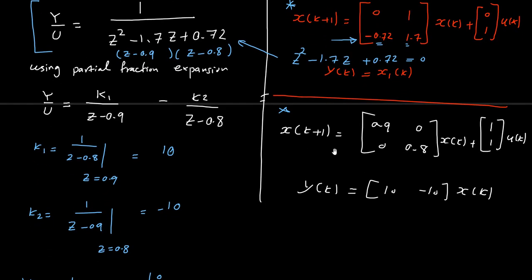Now for the parallel representation we also have very fruitful information, such that we have the roots of the characteristic equation. If I need to write the characteristic equation, simply here I have two roots, so z minus 0.9 multiplied by z minus 0.8 is my characteristic equation.